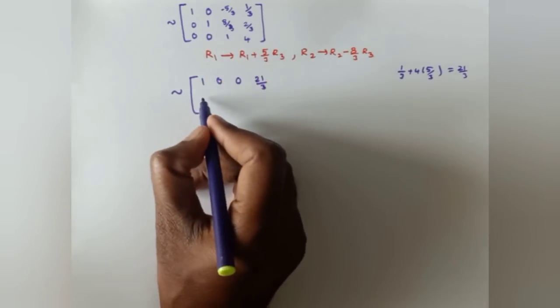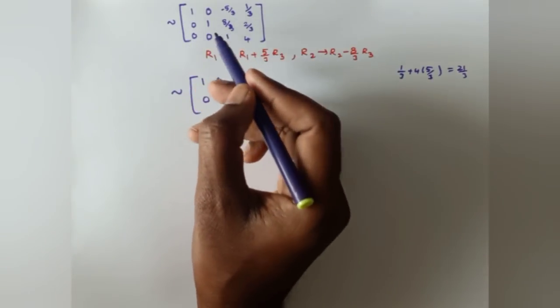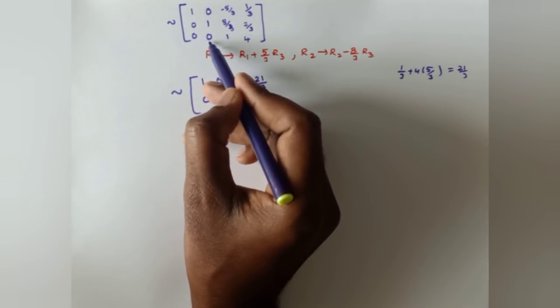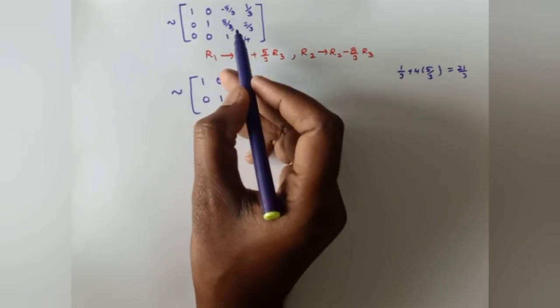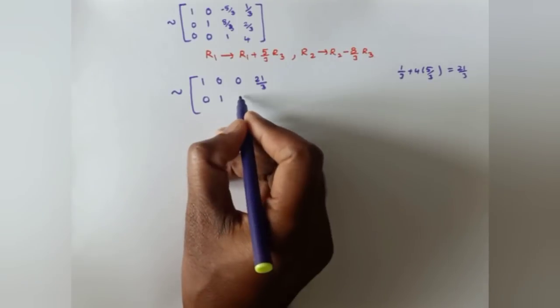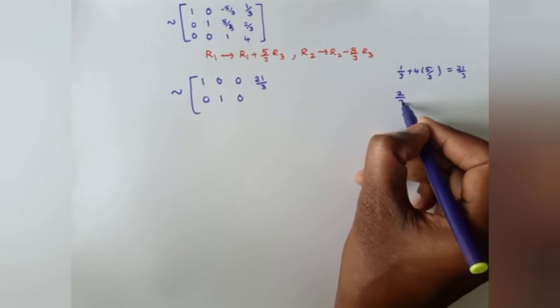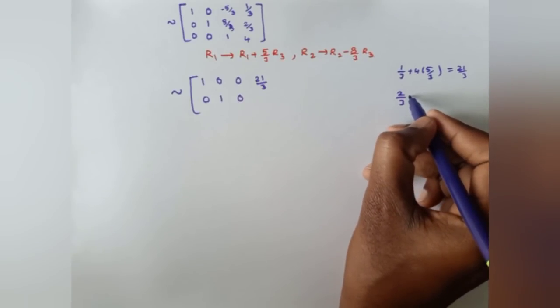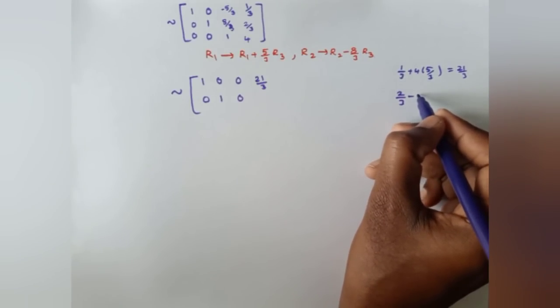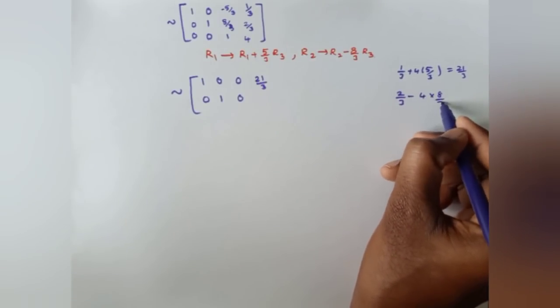Next, second row, this is 0, no change, right? 0 minus 0 or 0 plus 0. Then 1 plus 5 by 3 into 0, again it is 1. Now 8 by 3 minus 8 by 3 into 1, this is 0. And next 2 by 3 minus, so the element is 4, so it is 4 into 8 by 3.